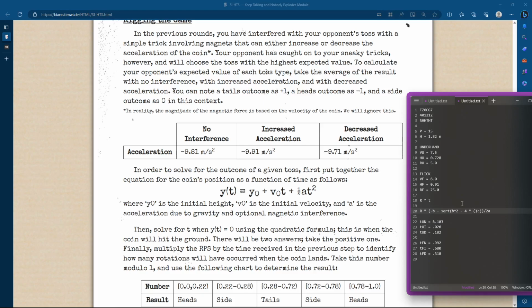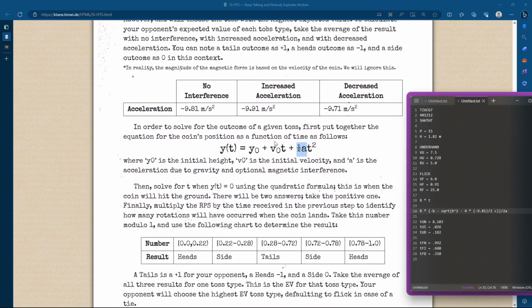So right now, let's solve for normal gravity. We will solve for other gravities later, but right now let's solve for just negative 9.81 meters per second squared. And because we have this 1/2 here, it needs to be half of that. So our a for the quadratic formula and not for this is negative 9.81 over 2. And in addition, we have this 2a over here.